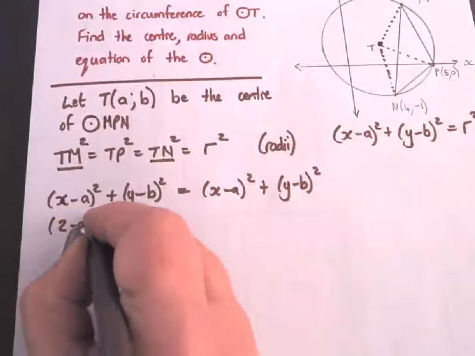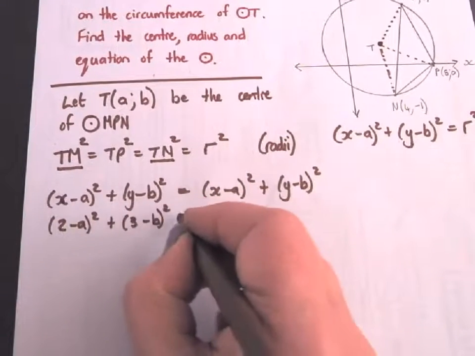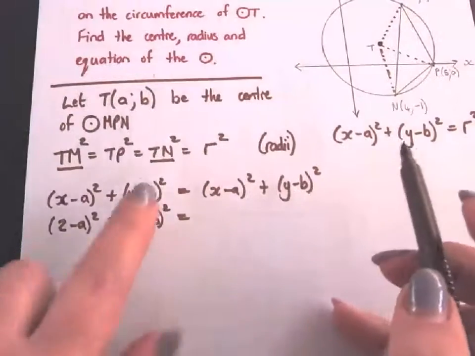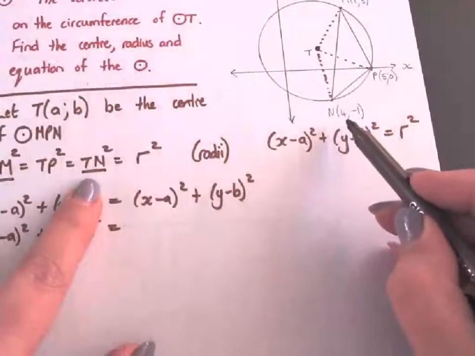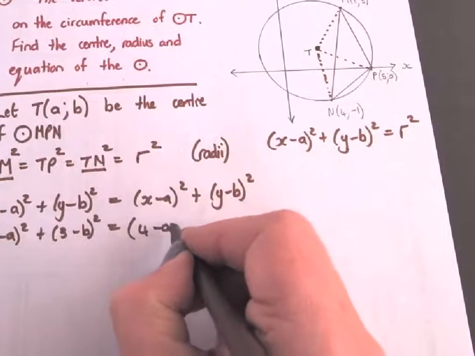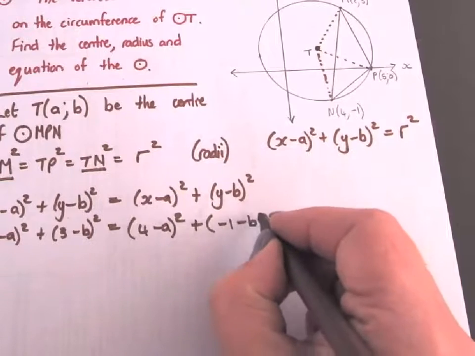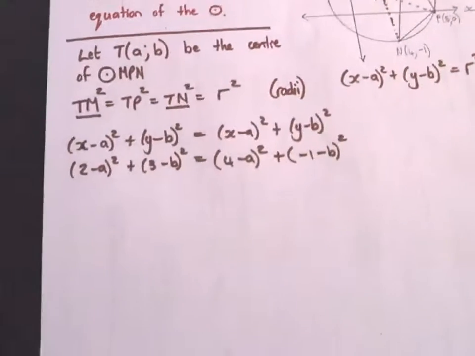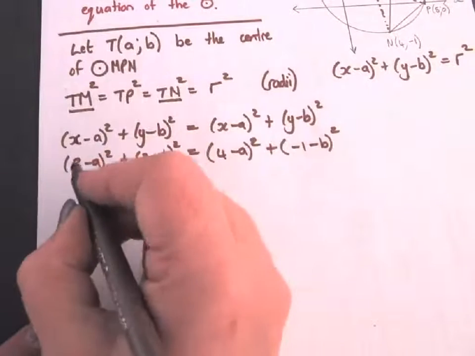2 minus a squared plus 3 minus b squared equals, and for this one I'm going to use Tn, so I'm going to use N's coordinates. X is 4 minus a squared plus y is negative 1 minus b squared. Now you multiply the brackets.